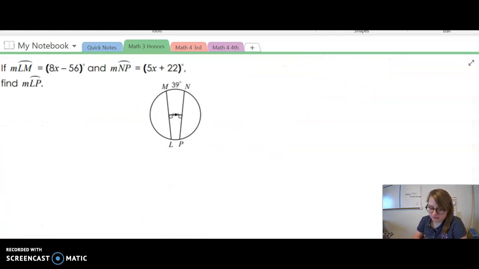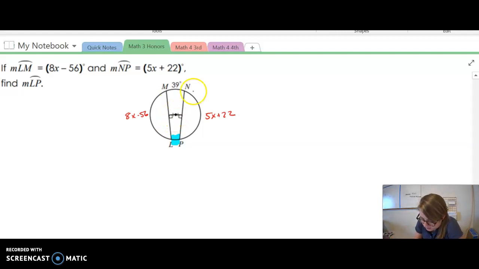So here we have, if the measure of arc LM equals 8x minus 56, so arc LM is here, and arc NP equals 5x plus 22, we want to find LP. So if you notice, LP is this small measurement here. So this requires a little bit of multiple steps. So how are we going to find x? Well, we're going to use the information given in the circle.